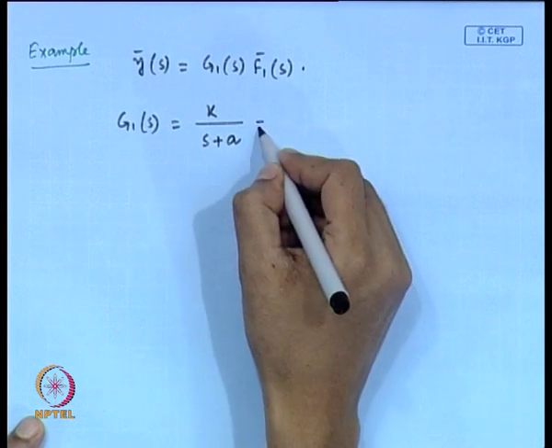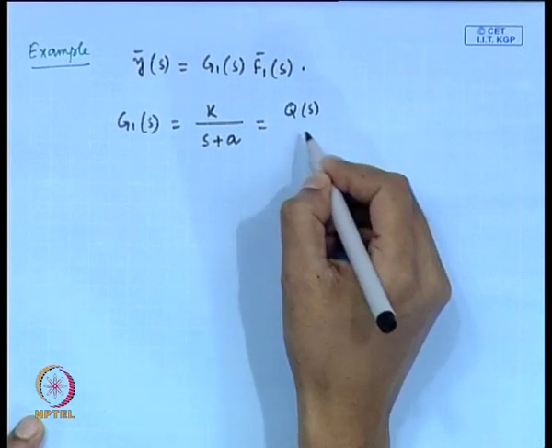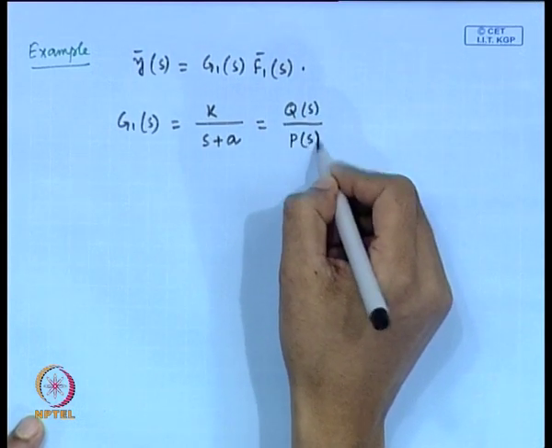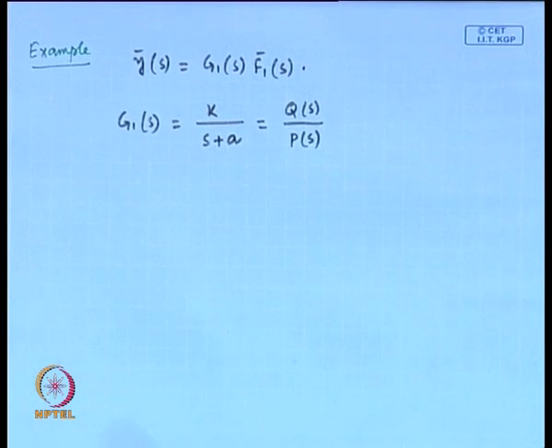You can write this as Q(s) divided by P(s). But the numerator is basically constant, so that is not a polynomial of s. That means there are no zeros. So, for this example system, there are no zeros.